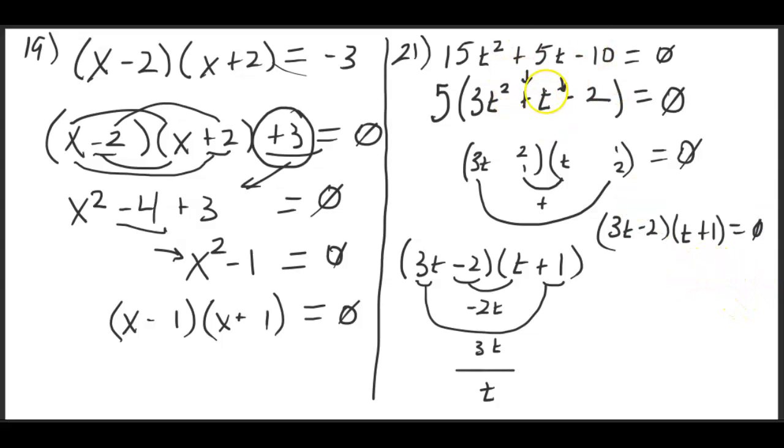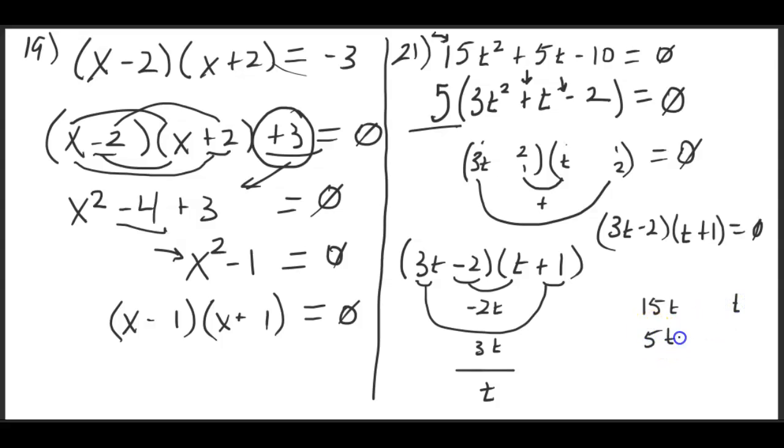Okay, so what happened in this case? In this case, when we saw that there was not a 1 on the lead term of the trinomial, we checked to see if we could actually factor something out. In this case, we could. We could factor out a 5. A reason for doing that is it would make it simpler, right? Because once we factored that 5 out, we knew that it had to be a 3t times a t in our binomial. If we left it the 15t squared, it could be a 15t times a t.